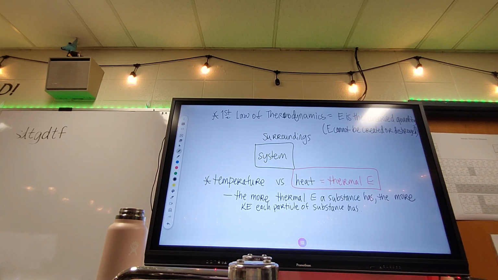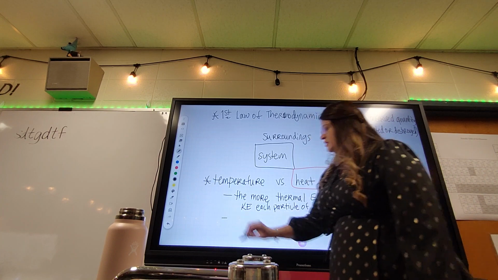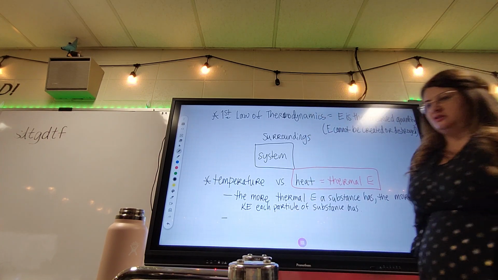So the greater the heat of your substance, the more thermal energy it has, the faster your molecules are moving. I use particles here because it could be molecules, it could be atoms, it could be ions.